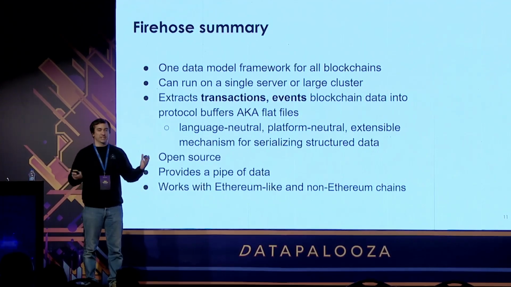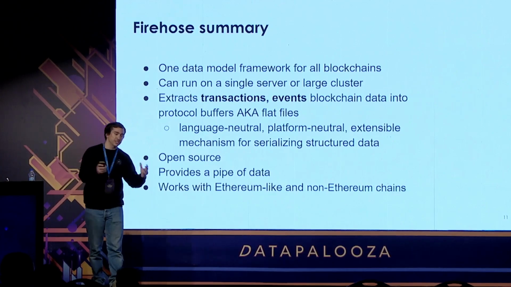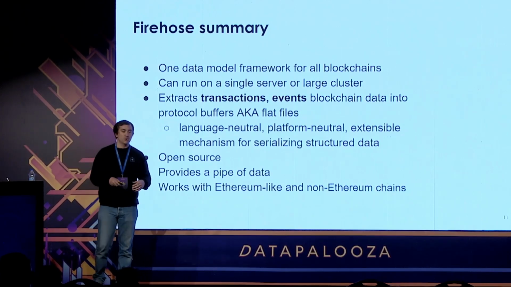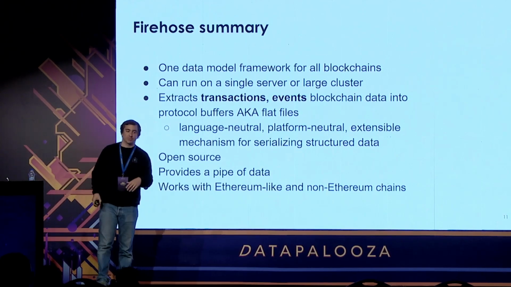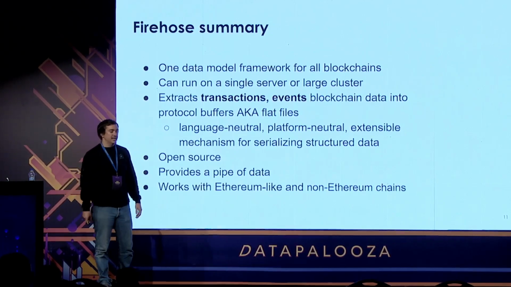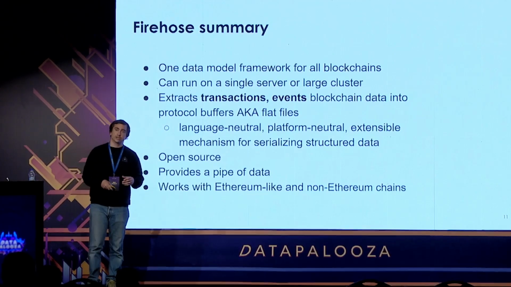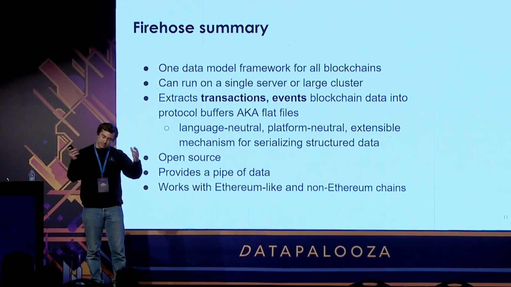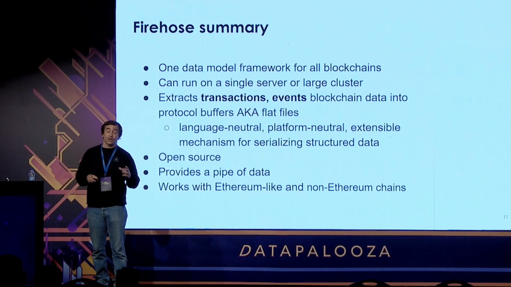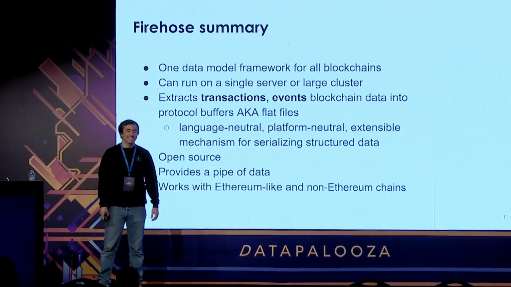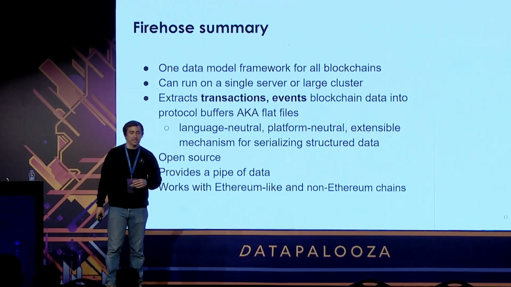It's a really flexible stack. You can run it on a single server hosted at your house, or you can run it on a big enterprise scale cluster. The data that is extracted from the blockchain is stored in serialized Google Protocol Buffers, and we call these flat files.